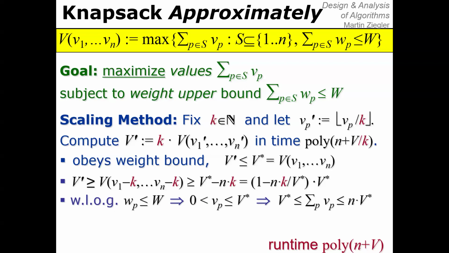Now remember, without loss of generality, all packets have positive weight and positive value, and each packet has weight at most the weight bound. Why is that? What does that mean? It means if one of the gifts is a bulldozer, very valuable, really, but it certainly doesn't fit into my backpack, right?